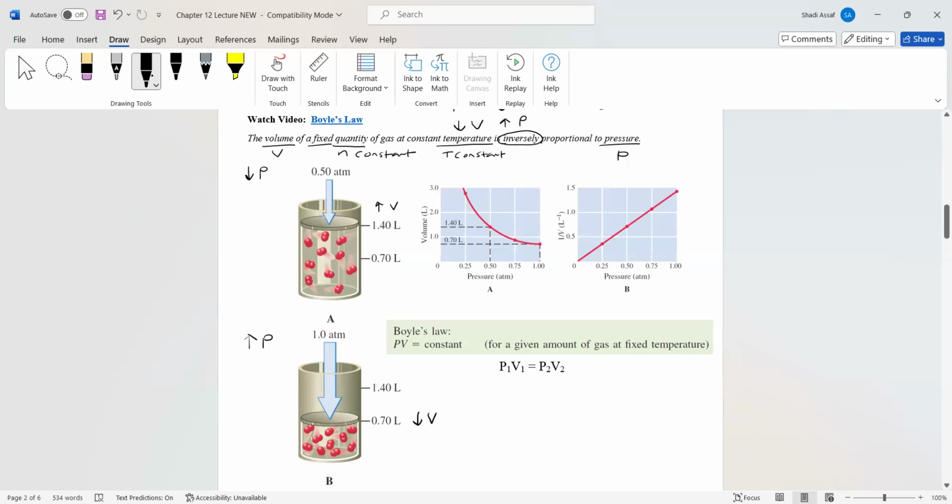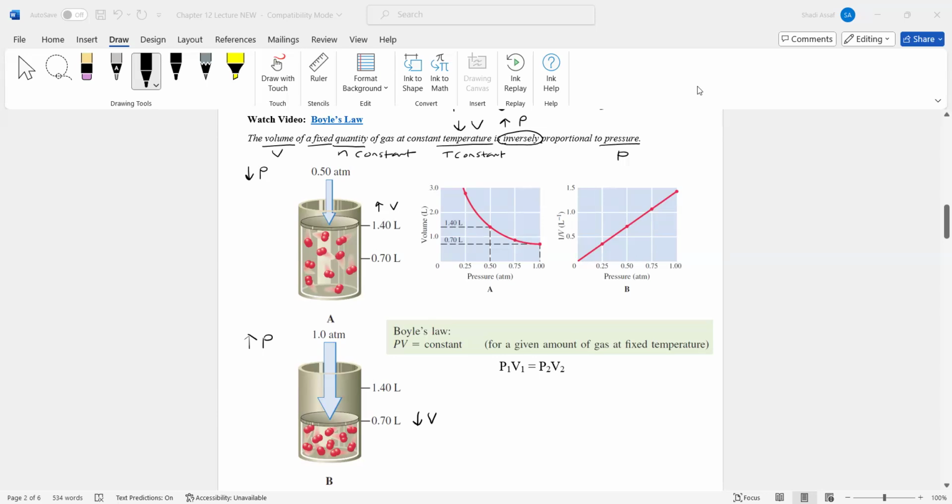And if you would like to look at it as a graph, here the volume is on the y-axis and the pressure is on the x-axis. As you can see, as you increase the volume right here, so the volume right here is around 3, closer to 3.